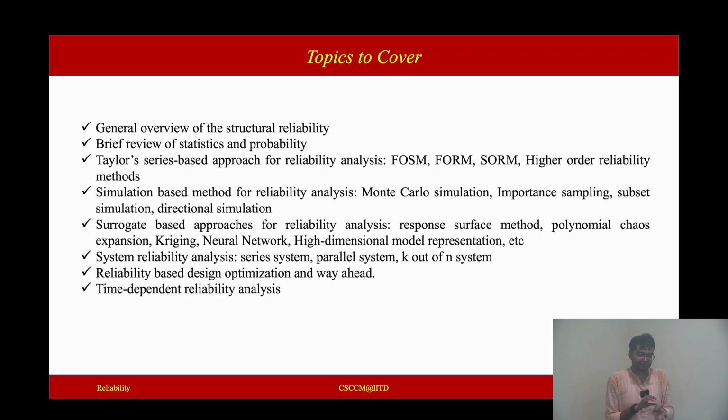Each component may fail, but failure of one component need not mean that the system has failed. You can imagine series and parallel kind of thing. So, in one case failure might mean failure of the system, in another case it might not. So, we will go into system reliability, there we will talk about fault tree, and we will talk about series system, parallel system and k out of n system.